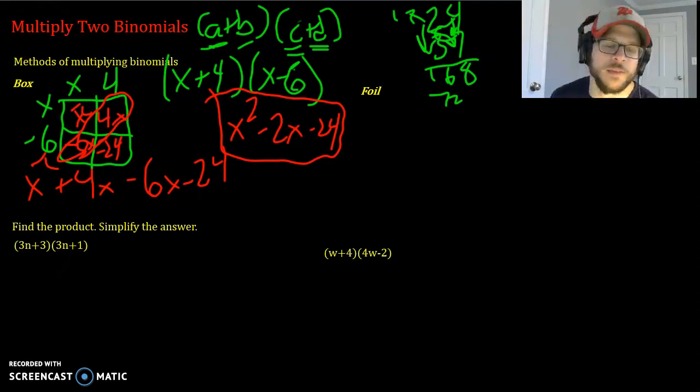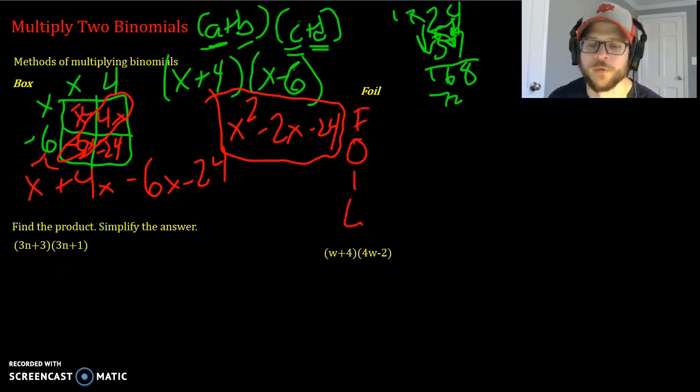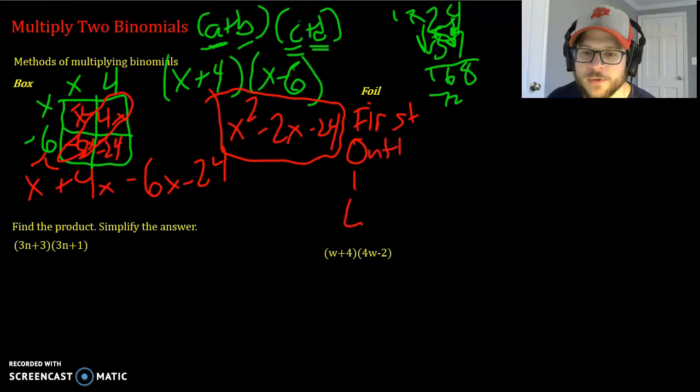The other method that you need to be familiar with is called FOIL, and FOIL is an acronym where each of the letters stand for the things that you're going to multiply. So F stands for first, O stands for outer, I stands for inner, and L stands for last.